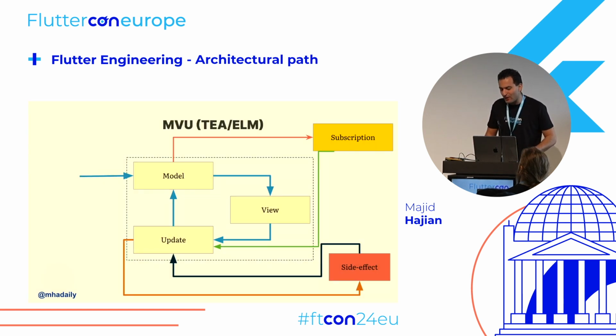MVU actually comes from the Elm community. Has anyone done Elm? No. I did a lot of functional programming with Clojure, and I've been in those communities in the past, and a lot of these things also come from there, where the concept of a side effect becomes very popular in these kinds of programming languages or communities.